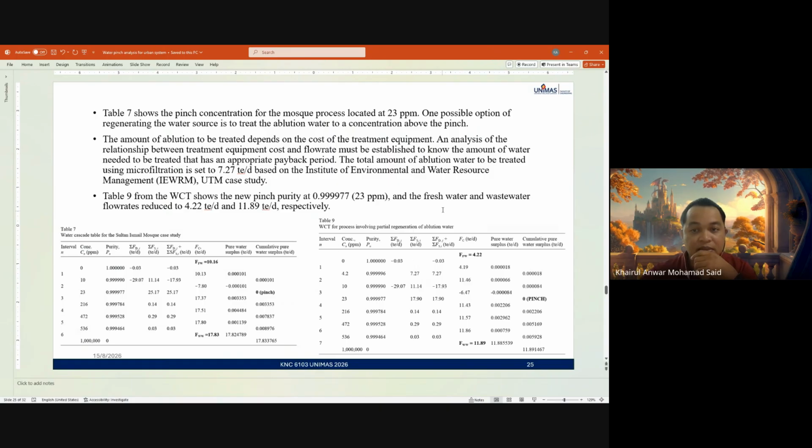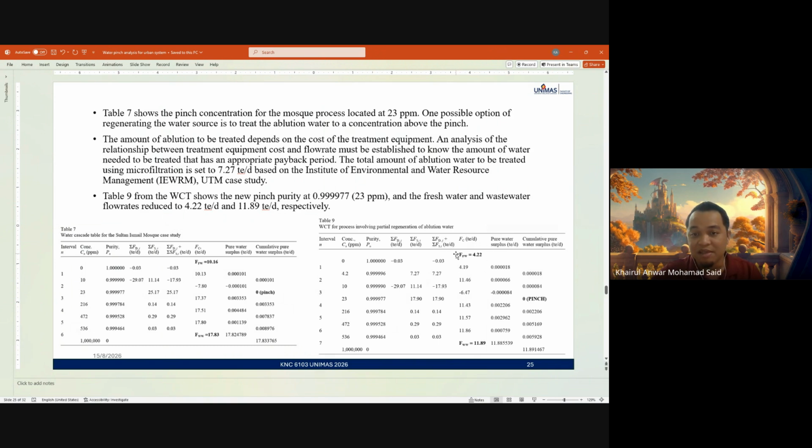So from table 9 they have actually done the calculation, but in the real world you need to recalculate, meaning set this value to 0.